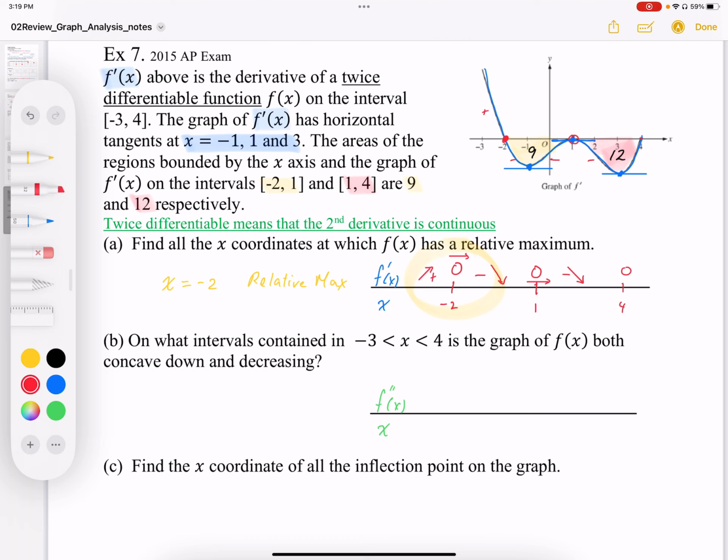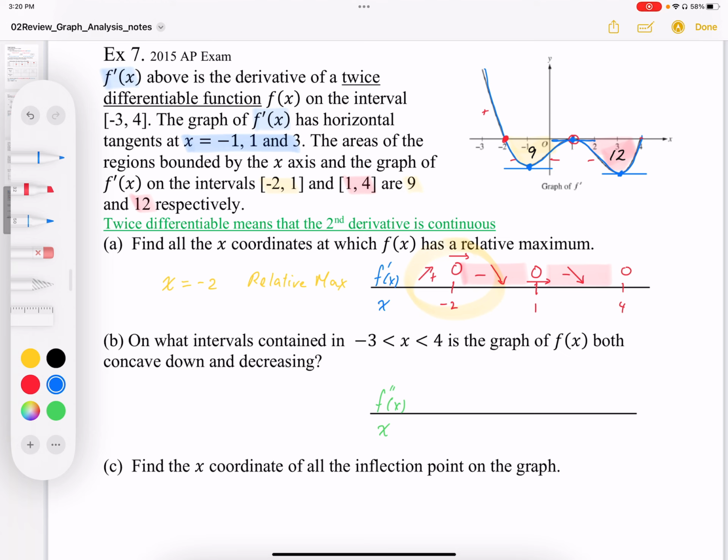I'm just going to highlight them. We have decreasing regions here and here. And we need to test the concavity. When we look at a derivative function, where it's sloping down means the derivative of the derivative is negative. So we have sloping down points, and that's based on where it changes direction.